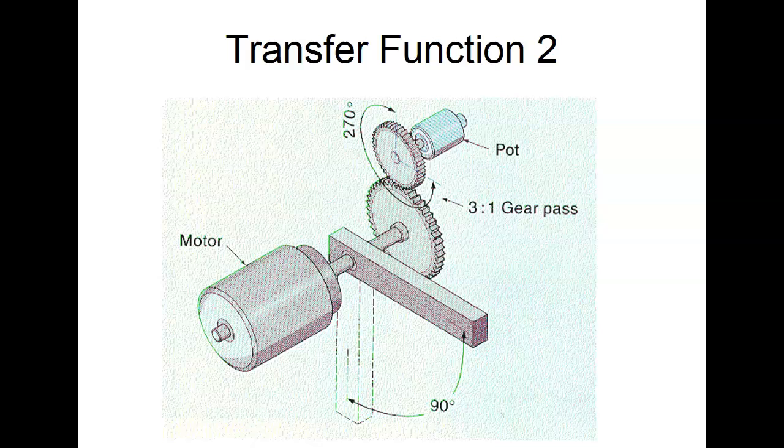So it's got a 3-to-1 gear ratio. That means the output is going to be turning 3 times as fast as the input, or it's going to go 3 times the distance. So over here, this guy is moving 90 degrees, but my potentiometer actually moves 270 degrees. Y'all understand that? Yes or no?